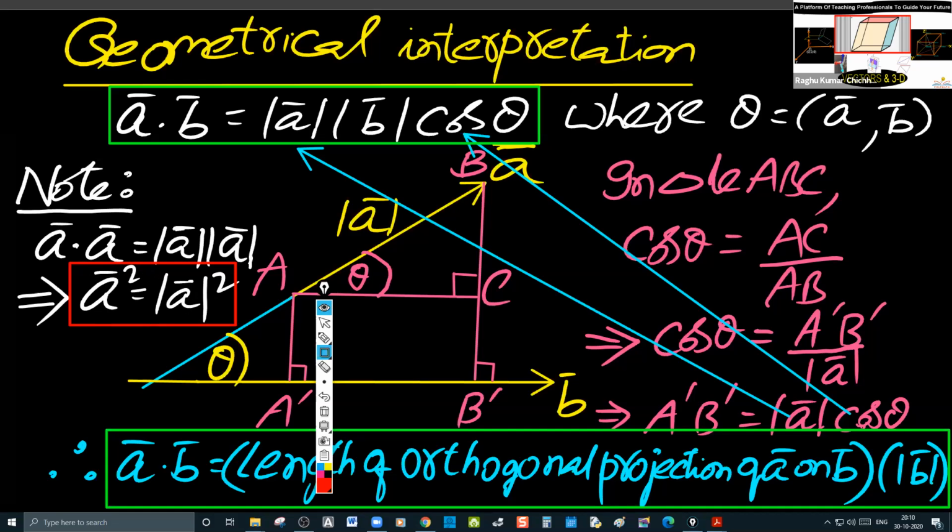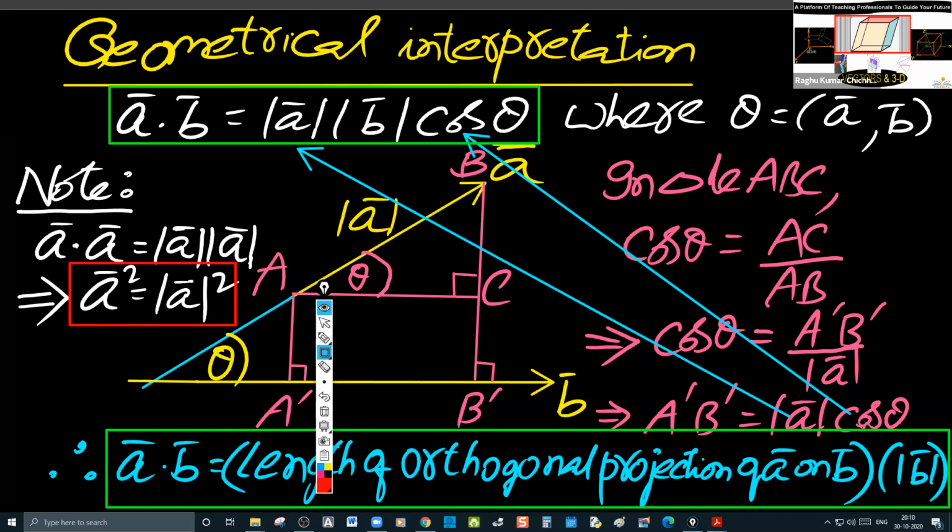Because of this reason only, every algebraic formula can be comfortably transformed to the dot product, like A plus B whole square, A square plus B square plus 2AB, A minus B whole square, A square plus B square minus 2AB, A plus B into A minus B, A square minus B square, and whatever algebraic formulae are there, they can be comfortably utilized here.